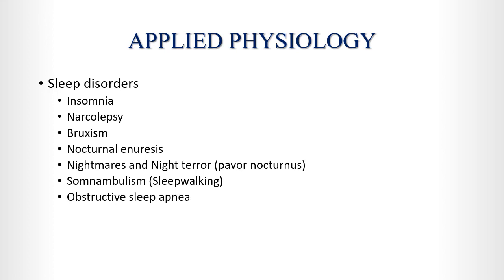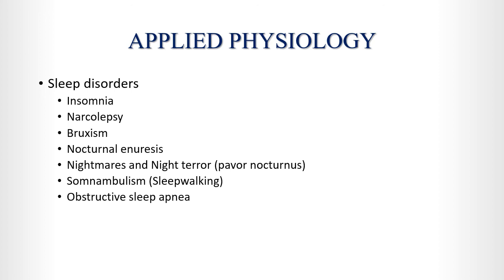Next is obstructive sleep apnea. Now this condition is slightly serious because see what happens when a person falls asleep, all the muscles relax. But sometimes the muscles of the pharynx and tongue relax a little bit more, so they obstruct the airway, so the person will not be able to breathe, so apnea occurs.